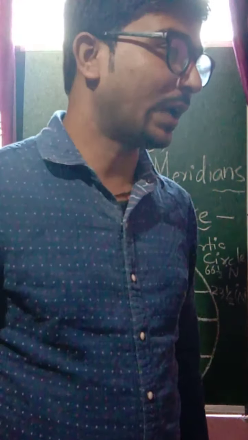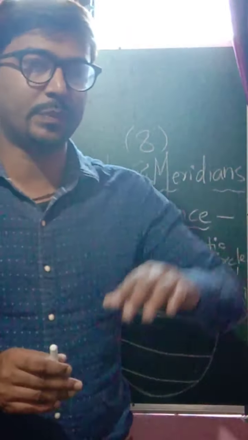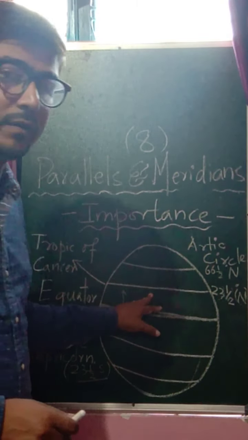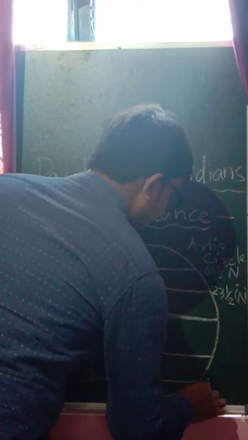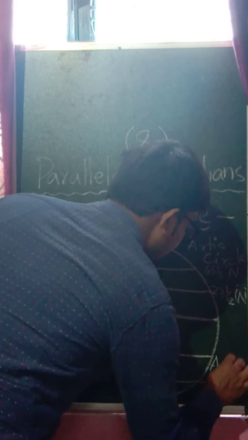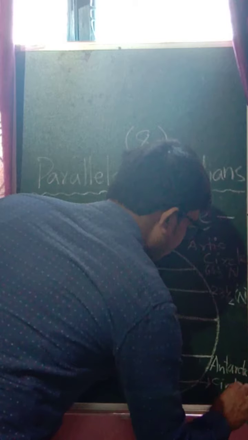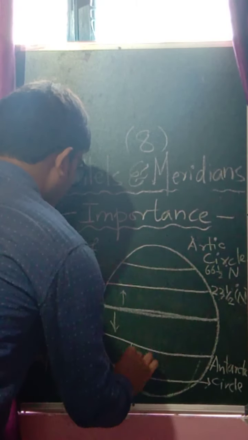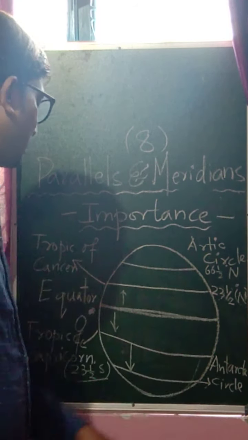These degrees are important to be understood. Why? Because students, it signifies, or it has its own importance, being at a particular distance from the one particular line of latitude. On the other hand, here it is the Antarctic, and the lower side, that is just below the Tropic of Capricorn, lies the Antarctic Circle.